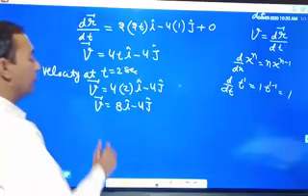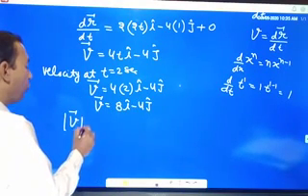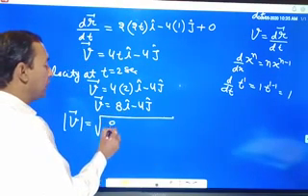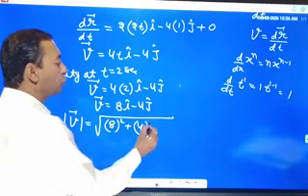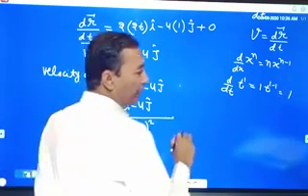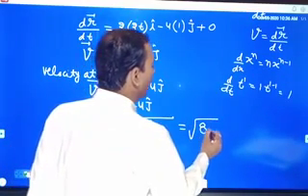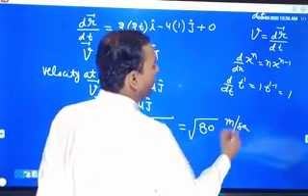This is velocity. Then what is the magnitude of velocity? Then the magnitude of velocity is under root of the squares of the coefficients, 8 square plus 4 square. Then it becomes under root 80 meter per second, or we can write the unit.